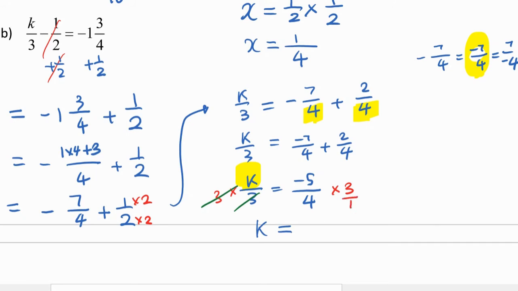So that will be 3 over 1. The answer will be negative 15 over 4. Okay, negative 15 over 4. If you change this to a mixed number, that will be negative 3 and 3 over 4.